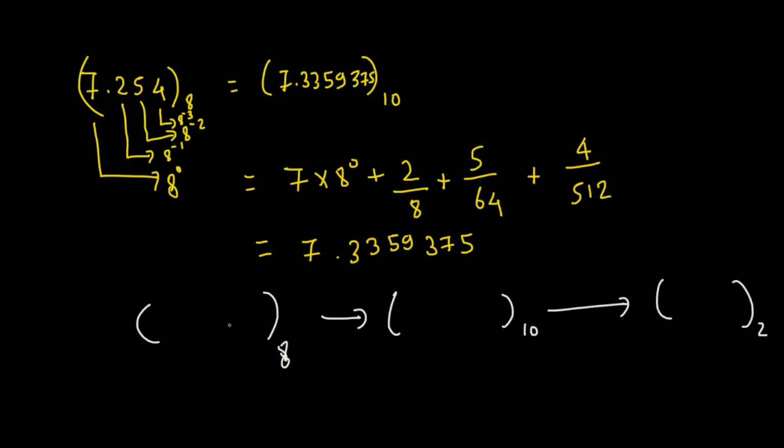So you convert the octal to decimal first, then decimal to binary after that. There's a shortcut to do that, but we will see that later. For a beginner, when you're initially learning number systems, this is a good method.